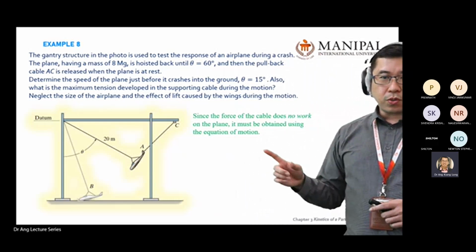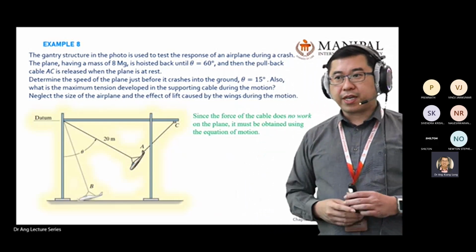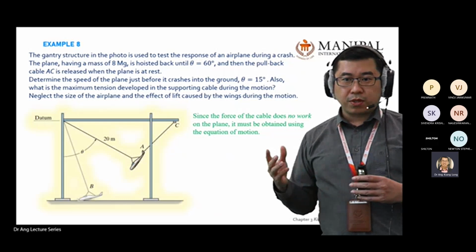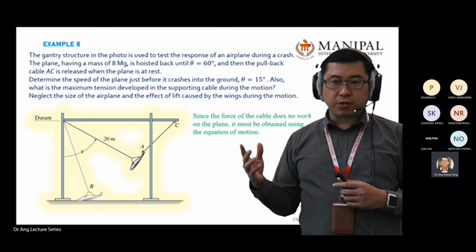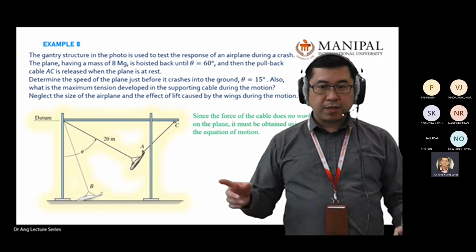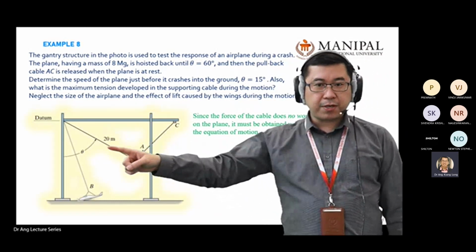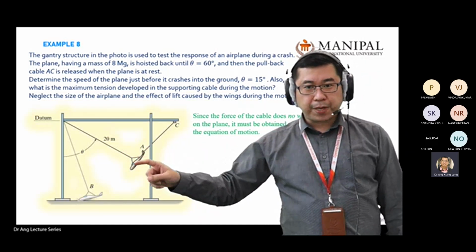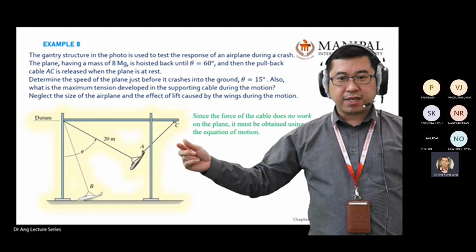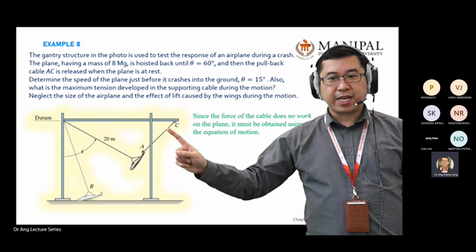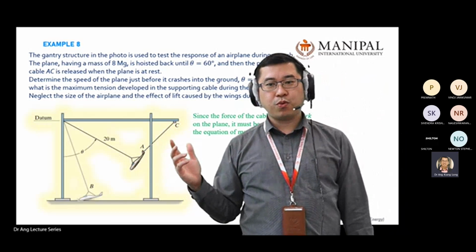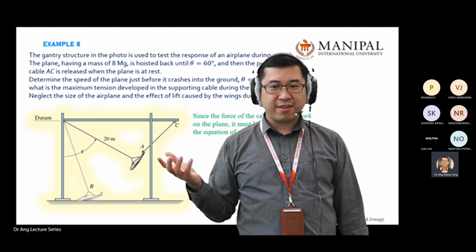Since the force of the cable does no work on the plane, you must obtain it using the equation of motion. The cable that relates to your plane, once you cut, it doesn't travel, so no work done.